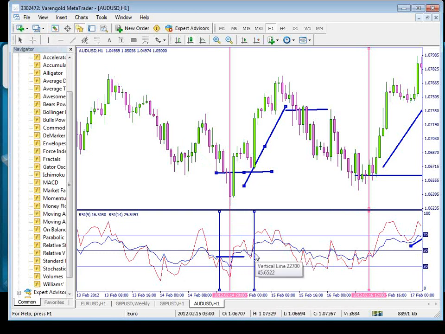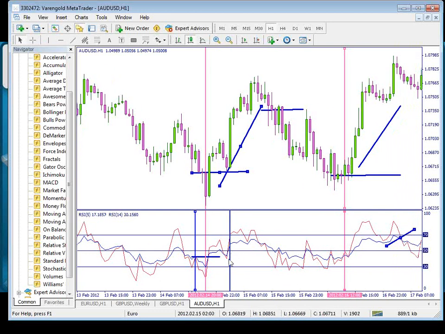You can see that here in this point we have one other signal for buy. Here could be one but was not confirmed. Here we have one other signal that is clear. Here again is one other signal for buy.